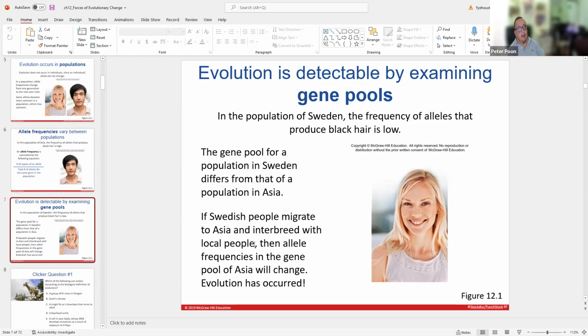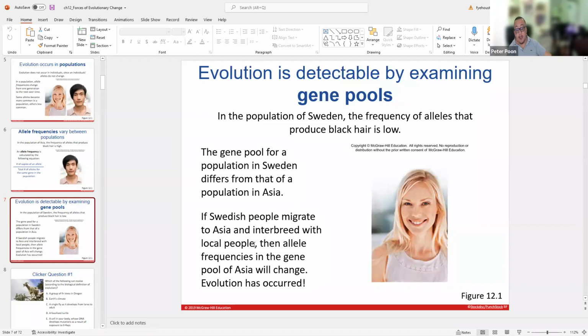The gene pool for Sweden is obviously different than that in Asia, South America, or Australia.